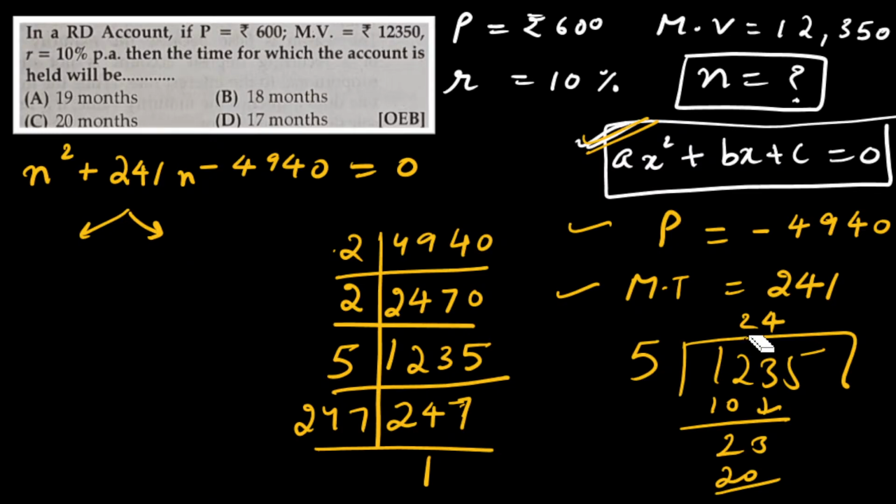So 241 you need: 260 and minus 19. 260 and minus 19. Okay. 260 if you multiply with 19. Just prime factorization here we have done, but Monish has given the factors also.